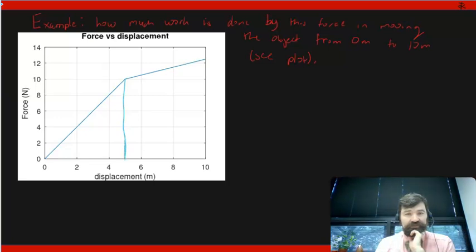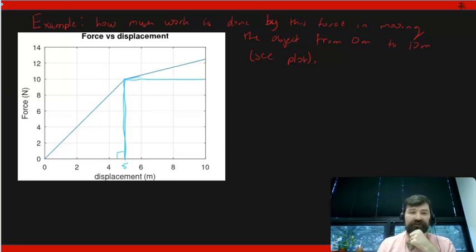This cusp point where it breaks over is at roughly 5 meters, and you can break this up into basically 3 shapes. You have a rectangle here, a triangle here.